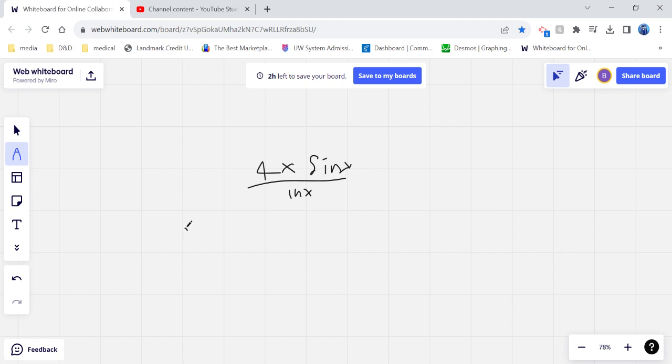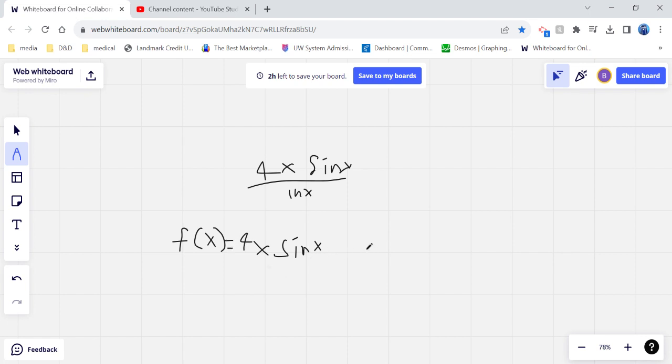So let's define our top and bottom. So let's say f of x is 4x sine x. But if you look at this, you might realize, hey, this itself is a product of functions.